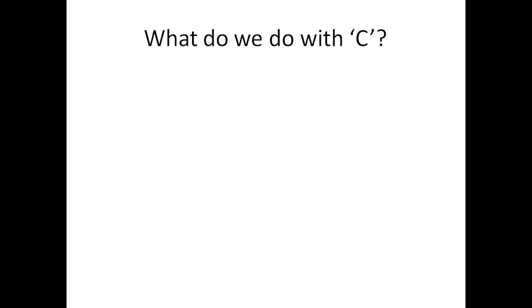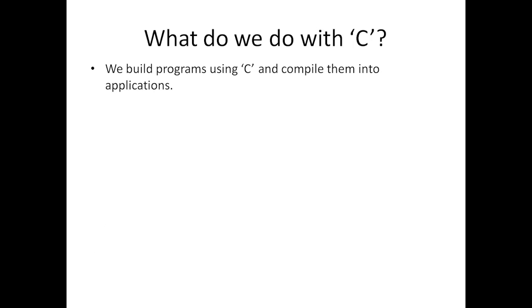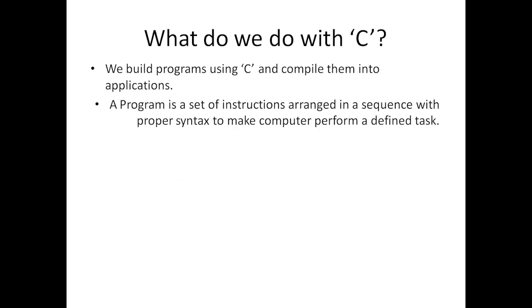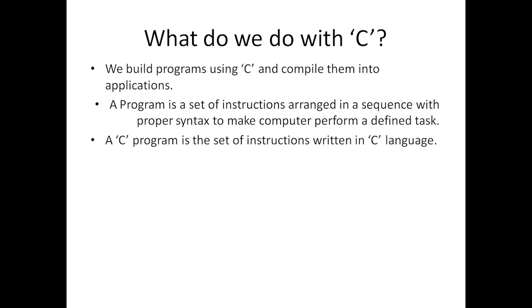What do we do with C? We build programs using C and compile them into applications. A program is a set of instructions arranged in a sequence with proper syntax to make a computer perform a defined task. A C program is the set of instructions written in C language.